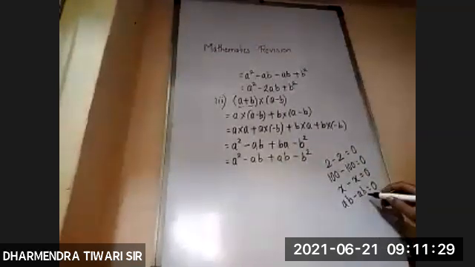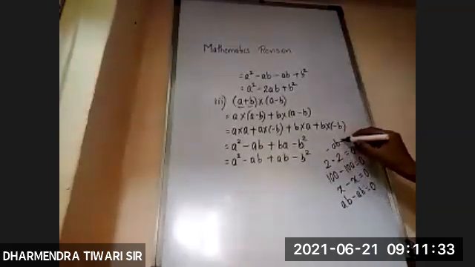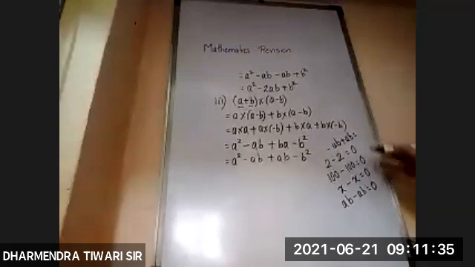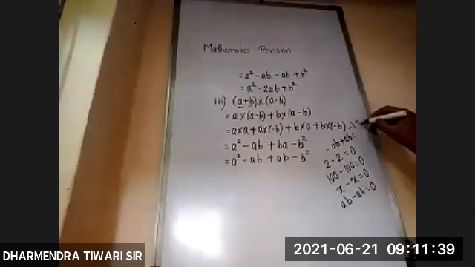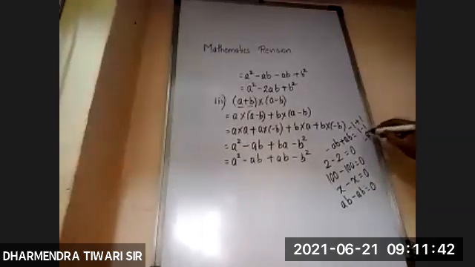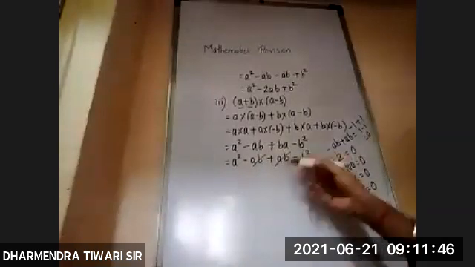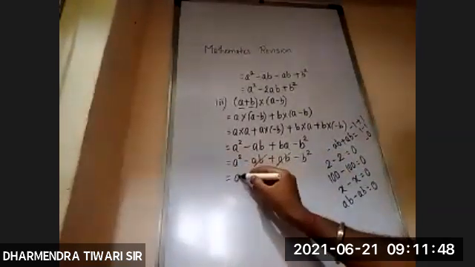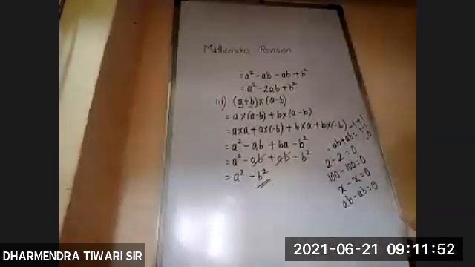Instead of ab minus ab, you are having minus ab plus ab. So you can write minus 1 plus 1 or 1 minus 1, and you will get 0 only. So here the terms cancel each other, means 0. What remains? a square minus b square. Done.